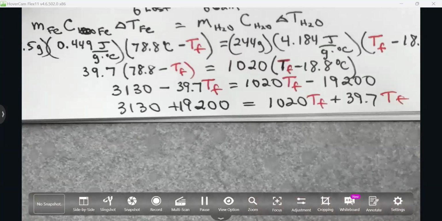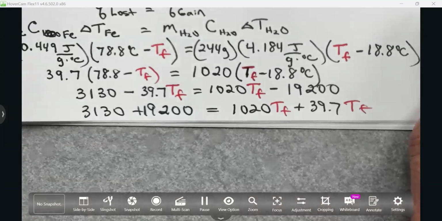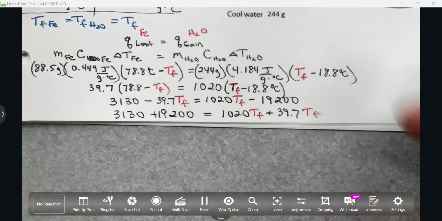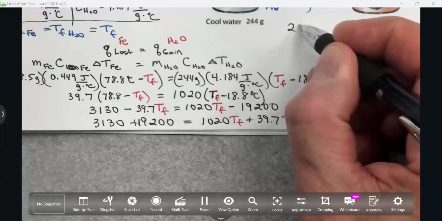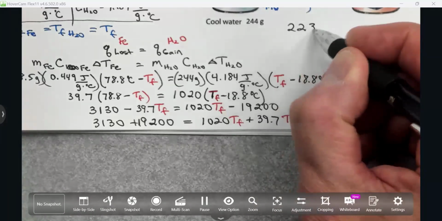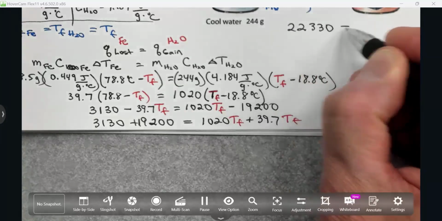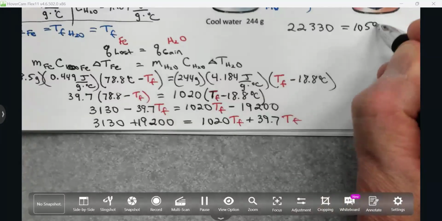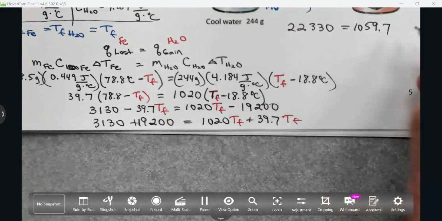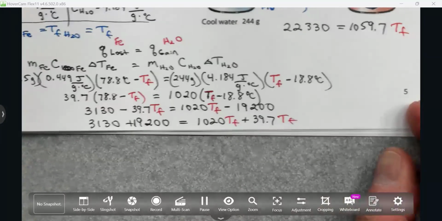So we end up with 22,330 equals 1059.7 T final.